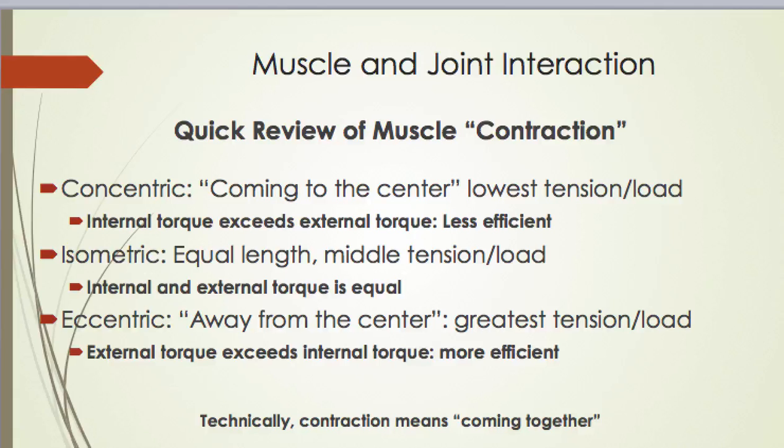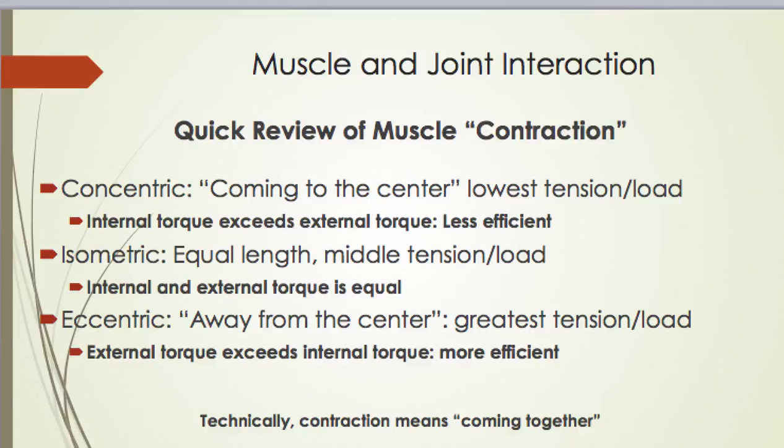And then eccentric means literally away from the center. So here we have the greatest amount of tension and load produced, and we have a situation where the external torque exceeds the internal torque. And remember, the eccentric muscle contraction is ultimately more efficient, which means it requires fewer motor fibers to complete the same amount of force production than a concentric contraction does.